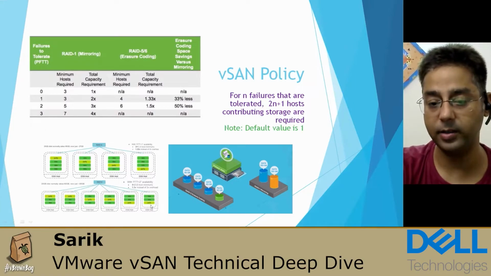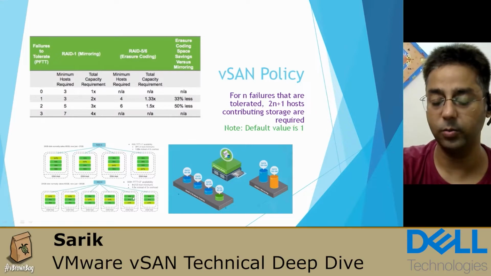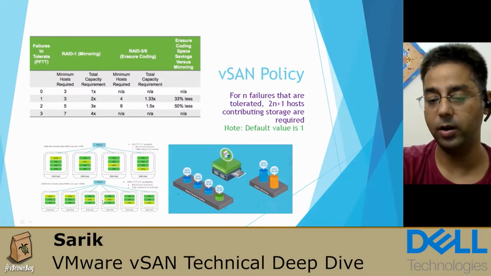If we have RAID 6, then it will tolerate double failures. So if 2 hosts go down at the same time for some reason, or a disk group gets corrupted, or any other issue occurs at some point in time, it will not create any issue for the VMs. The VMs will be available and will not have any impact in terms of availability.